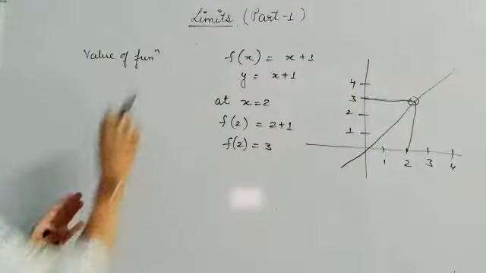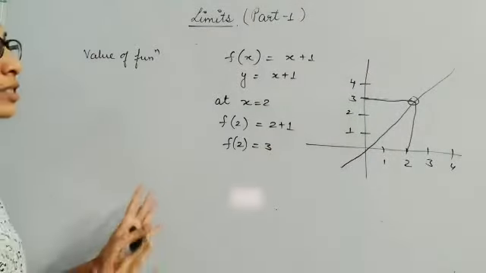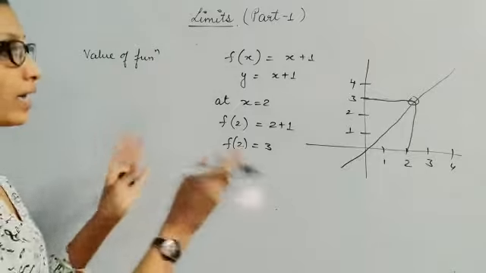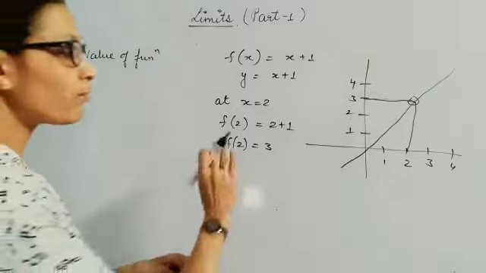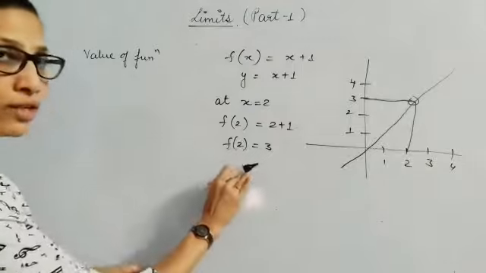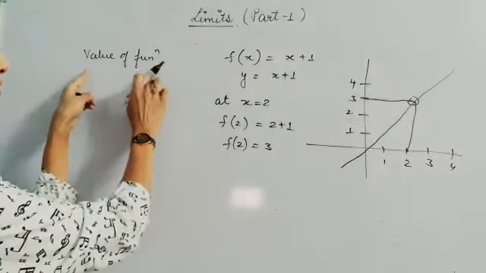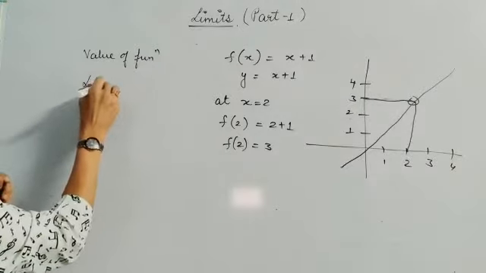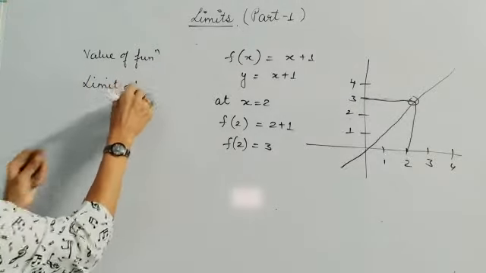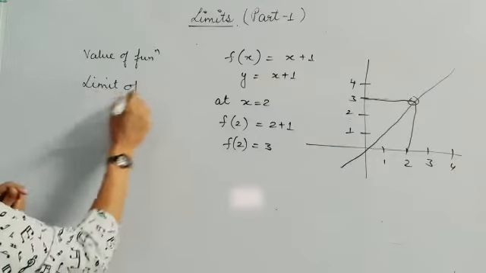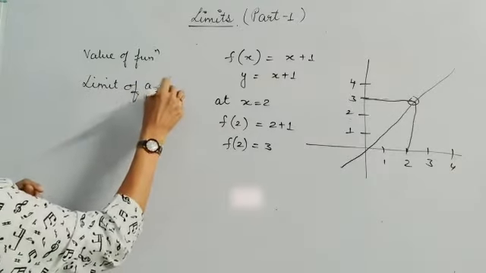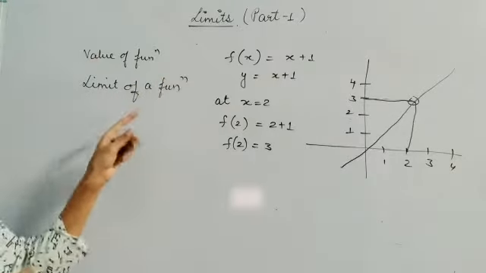But when I talk about limit, I am not interested in finding the value of the function at a particular point, because value of a function and limit of a function are entirely different terms.